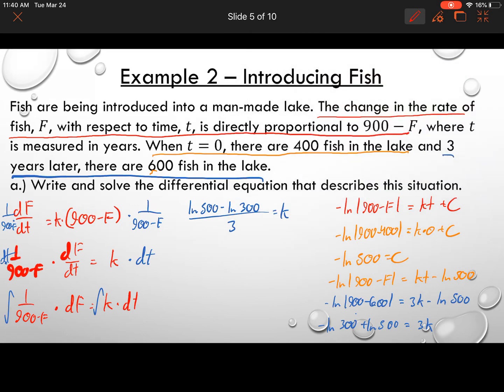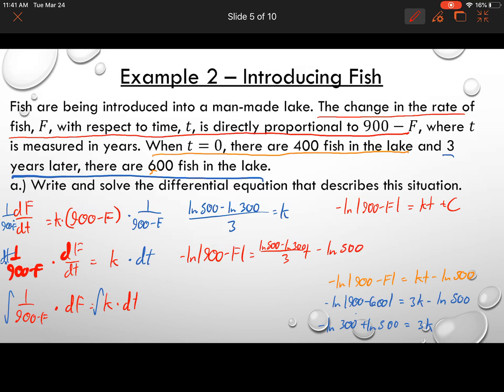So it looks like our differential equation, if we write it all out, is negative natural log of the absolute value of 900 minus f is equal to, let's see what we got here, k is going to be that entire thing, (natural log of 500 minus natural log of 300) over 3, times t, minus the natural log of 500.